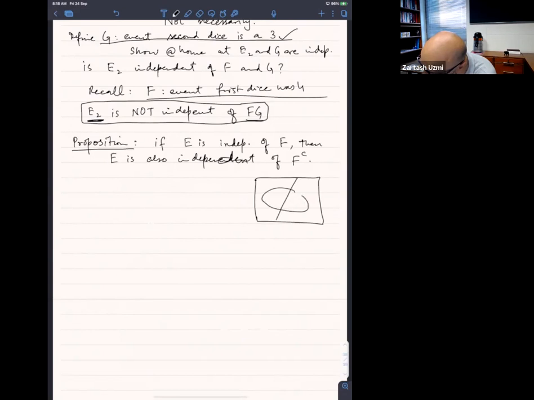Okay? ये आपके पास event है F, this is F, and this is F complement. And let me just, ये वाला जो event E है, इसको किसी और कलर में ड्रॉ करते हैं.